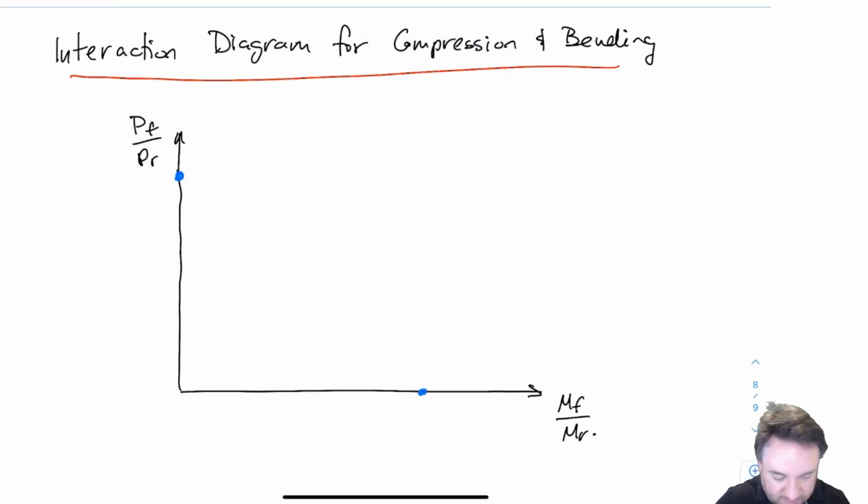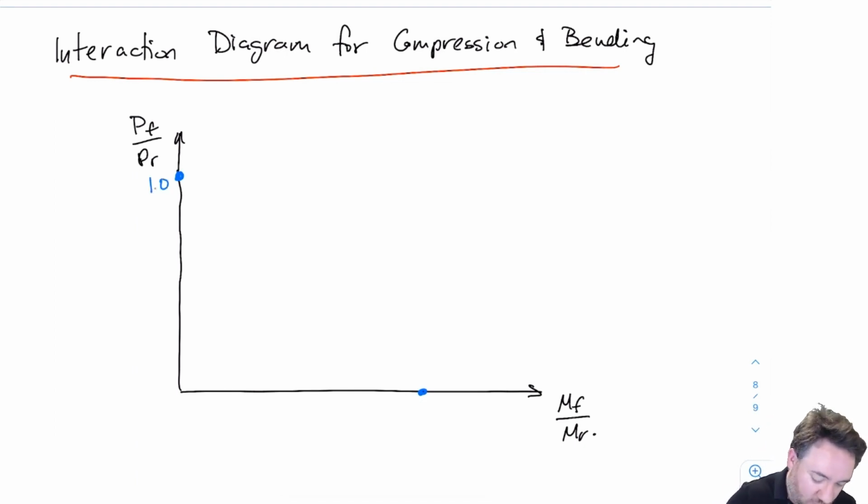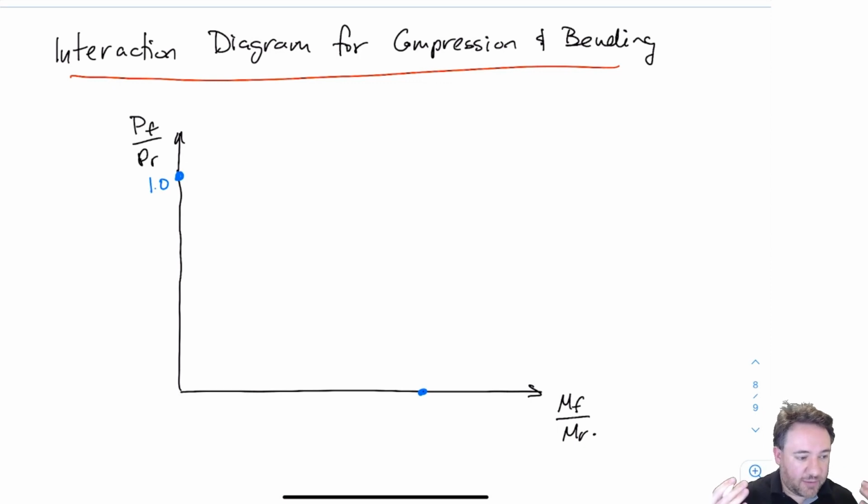So obviously, if my MF over MR is 0, so if I have no moment, then my PF over PR should be less than 1, which basically just means that my resistance has to be greater than or equal to my applied axial load in compression, right? Likewise, if I don't have any axial load in compression, then my requirement is basically just that MF over MR has to be less than 1. That's the same thing as saying that MF has to be less than or equal to MR.